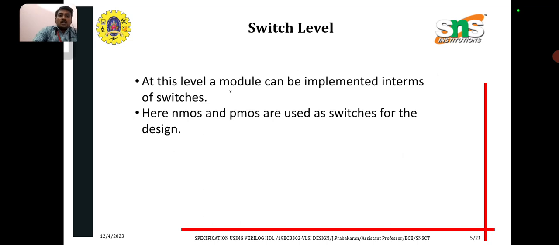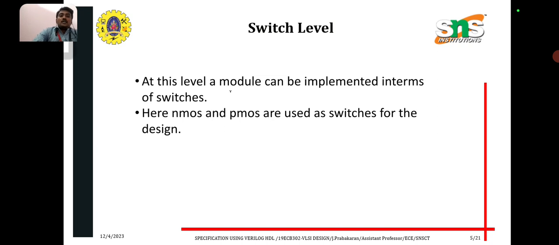In Verilog HDL, switch level modeling refers to a level of abstraction where the behavior of a digital circuit is described using switches and transistors. This level of abstraction is closer to the actual hardware implementation and is considered lower level compared to the more abstract behavioral and register transfer level descriptions.